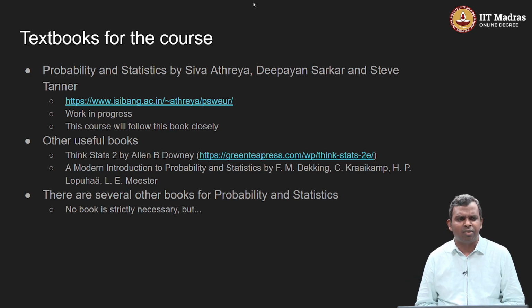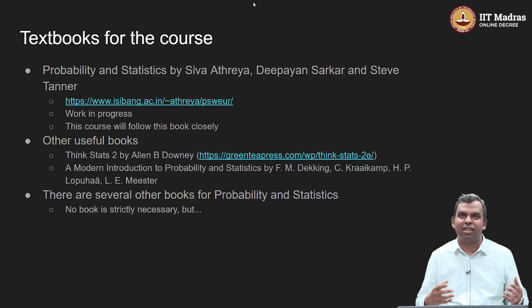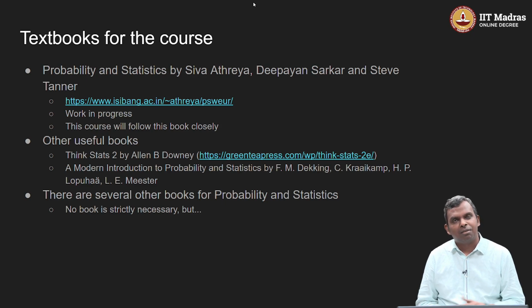You go to even websites which talk about good books on probability and statistics. You have so many books, so many different types of options. Any book is good enough, at some level. But you may like some books, you may not like some other books. The approach and the way they handle it may all be very different. But you're free to just browse through any book that you like.